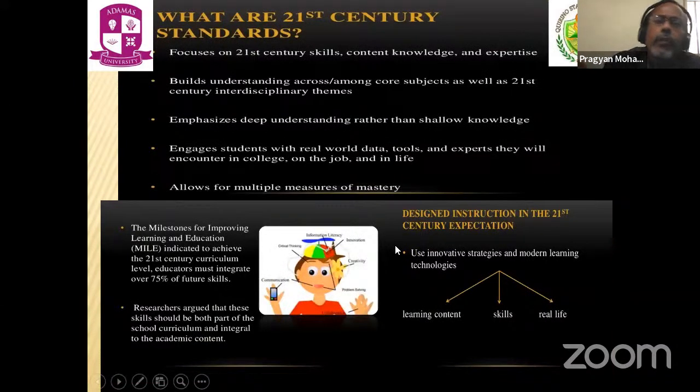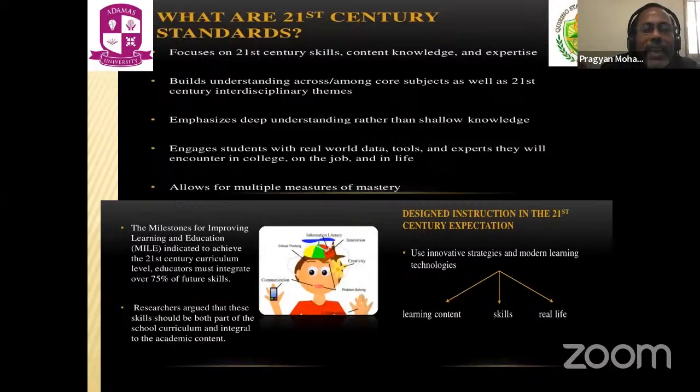Okay. Now, if we are jotting down these things, what exactly have we come across in the 21st century curriculum? The milestone for improving learning and education indicated to achieve the 21st century curriculum level.